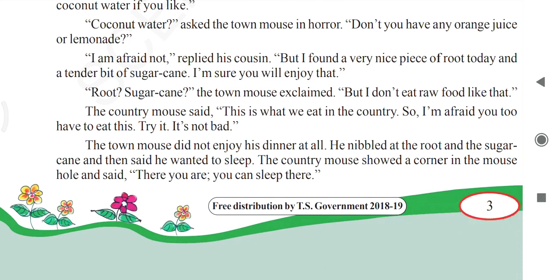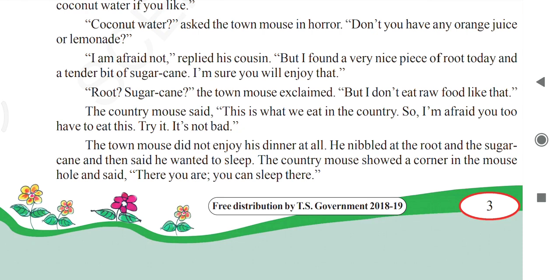So finally, the town mouse did not enjoy his dinner at all. He just nibbled at the root and sugar cane. Nibbled in the sense eating with slight interest, not showing that much interest. For example, if your mother cooks you food which you don't like much, what do you do? You just eat a little bit of that and you move to the bed, right? That is what is happening here.